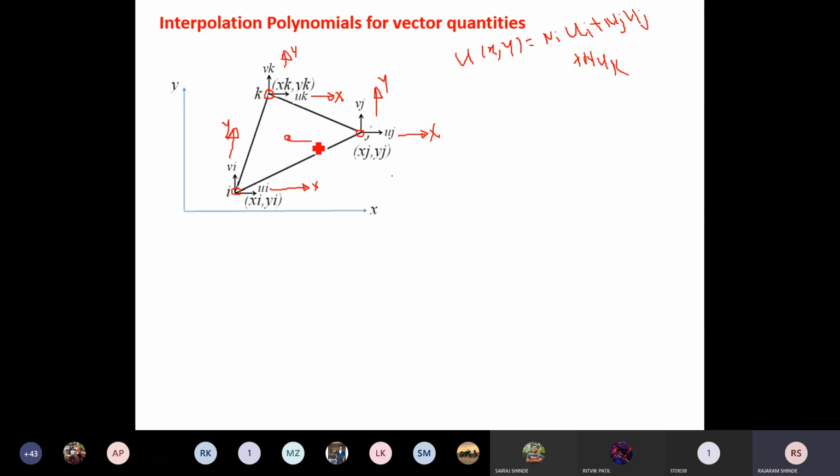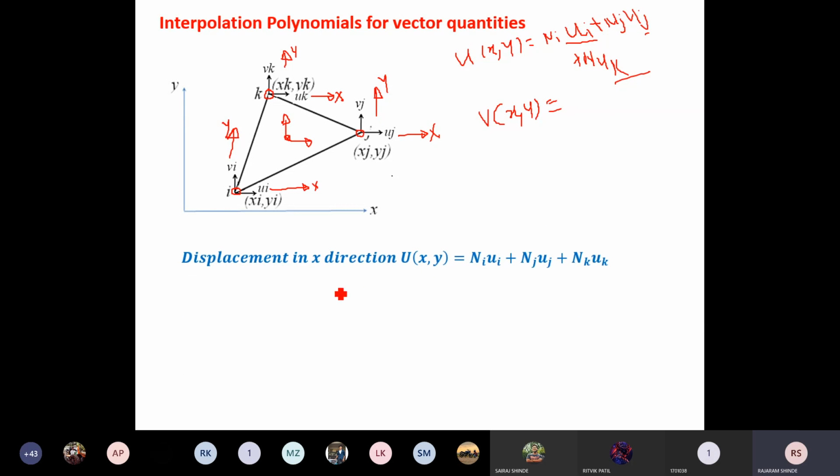Now if you want to calculate the displacement in y direction, then you have to use the same type of equation. It is also a function of x and y, and interpolation polynomial is also same. Only difference is, in place of ui, uj and uk, you have to write vi, vj, vk. Means this is a displacement in x direction, and this is a displacement in y direction. You can see here, this is the interpolation polynomial for displacement in x direction, and second is the interpolation polynomial for displacement in y direction.